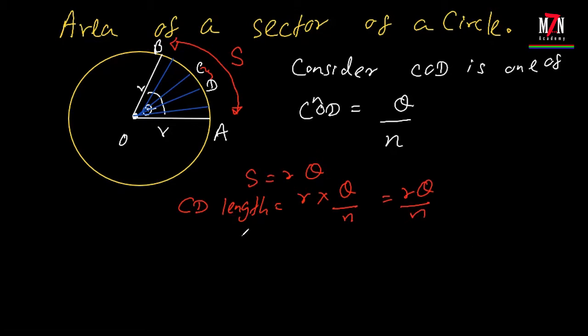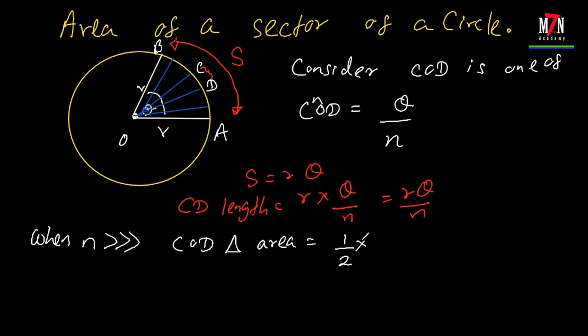So we can write, when n is a larger number, COD triangle, and we are going to find the area of that, which equals half.